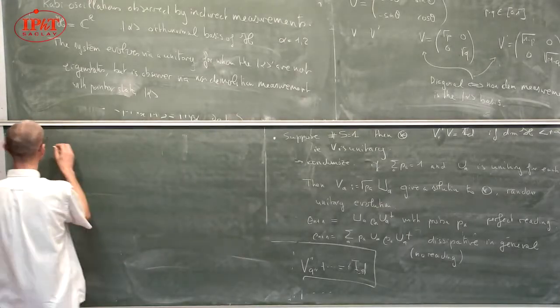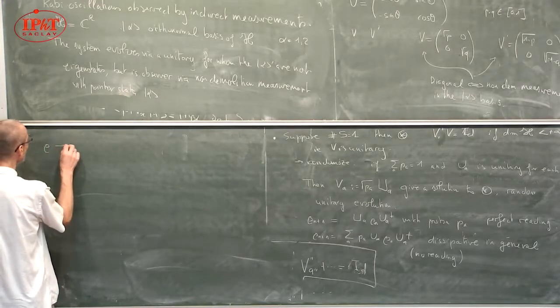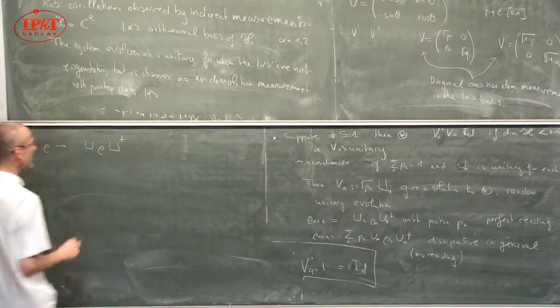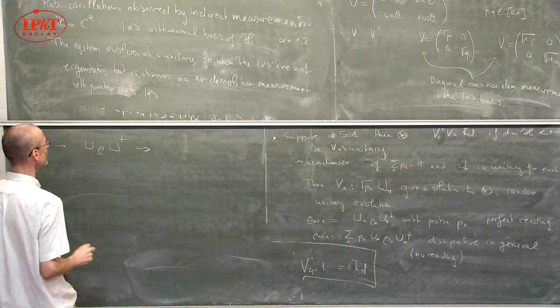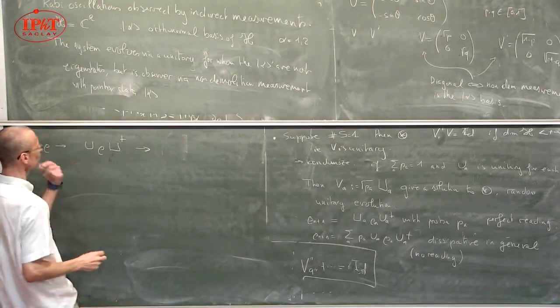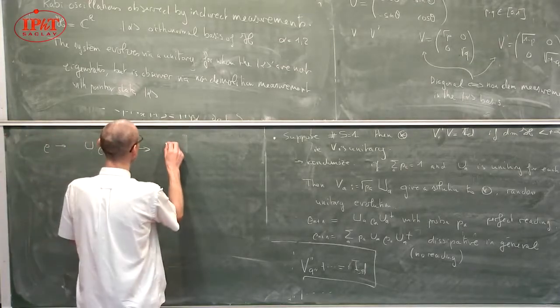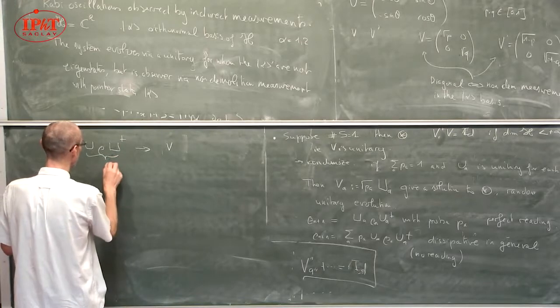So what happens to the density matrix is that rho goes to U rho U dag. This is during the unitary evolution, and then there is the interaction with the probe and the measurement, and then you get V. This is what I call rho prime.